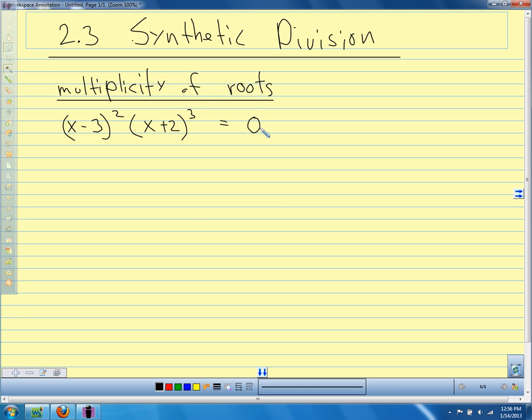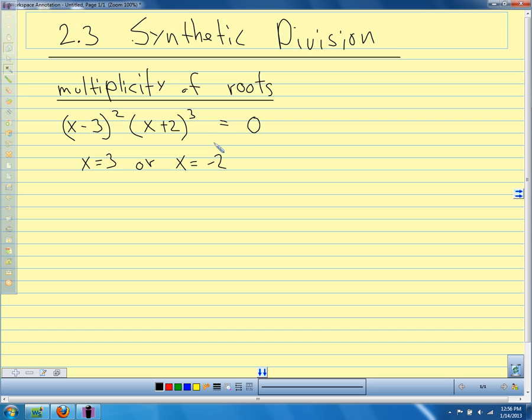When we solve our equation, we set x minus 3 squared times x plus 2 cubed equal to 0. This tells us x equals 3 or x equals negative 2.